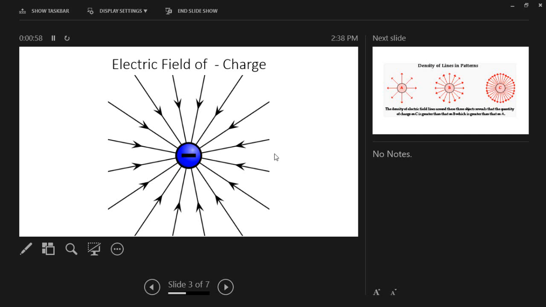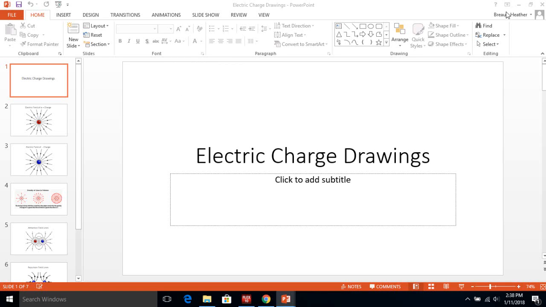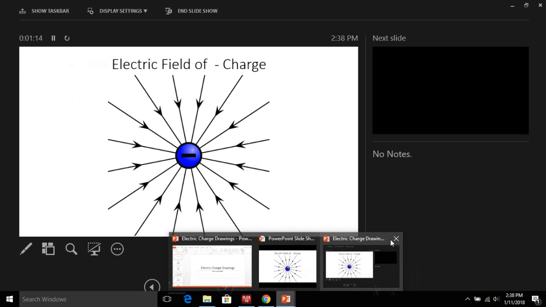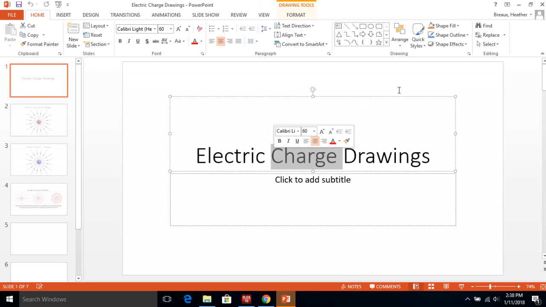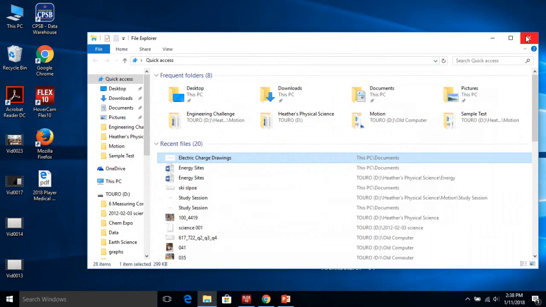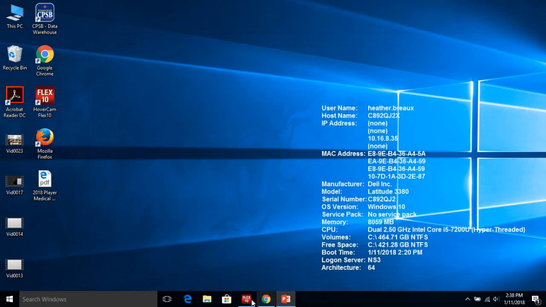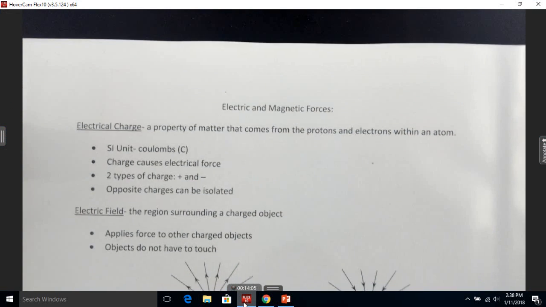Okay, so you need these two drawings right here, separate. They go underneath your electric field drawing. I'll show you my notes. You were supposed to have space. Okay, here's mine.